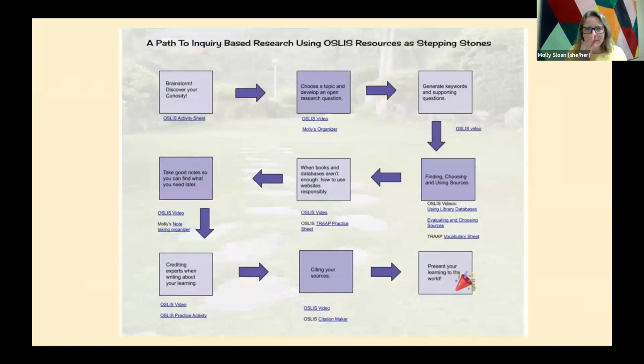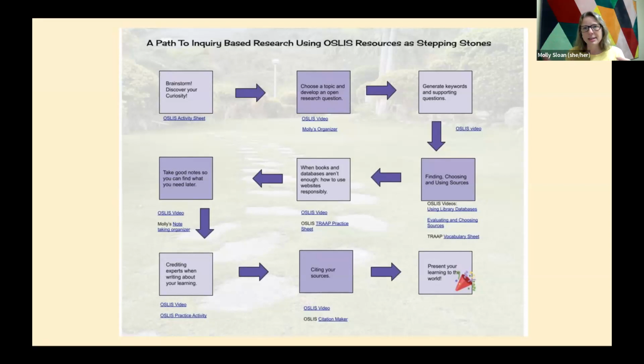Okay, so this, and I'm going to post a link to this in the chat, to me, is the meat of what I want to share with you today, because this is a step-by-step process of how I use OSLIS as I'm going through. The little squares are the steps of the process that I teach my kids. I think I may have left a few out, but these are the main ones.